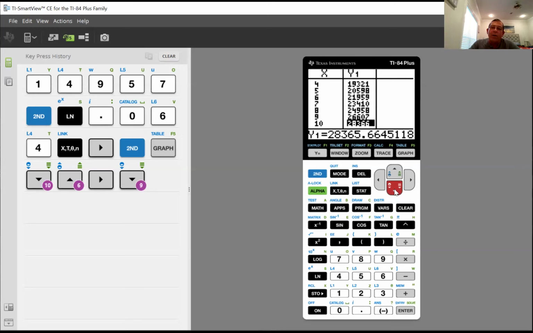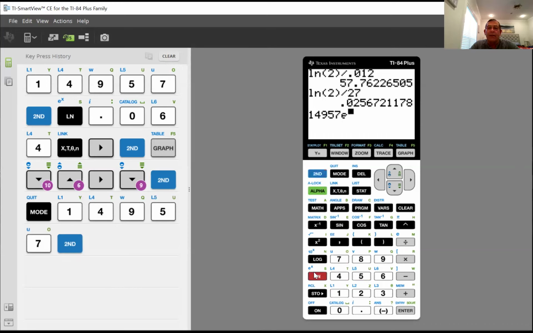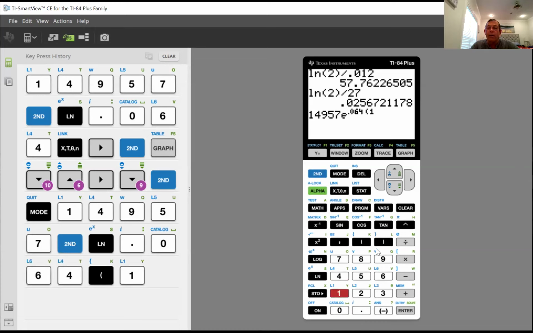Now, the other way you could do that would be to punch them each in individually using your formula. So you could do the 14,957, do the second LN, and then we would have 0.064 times 1.